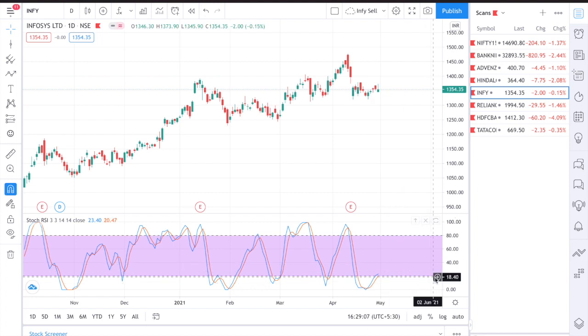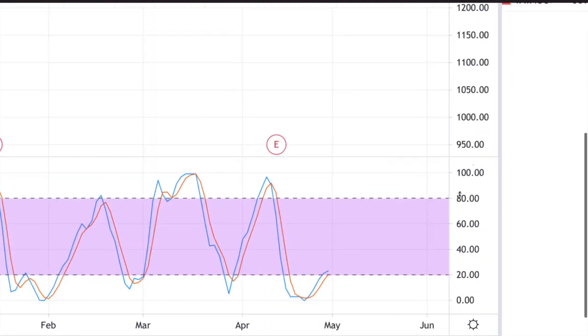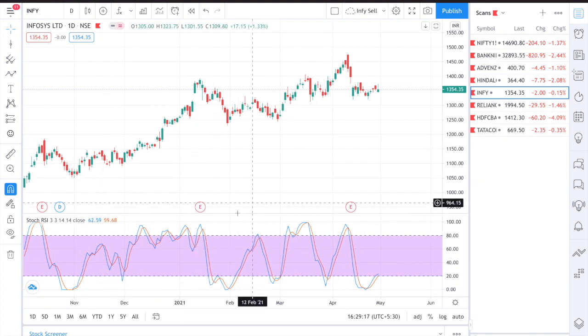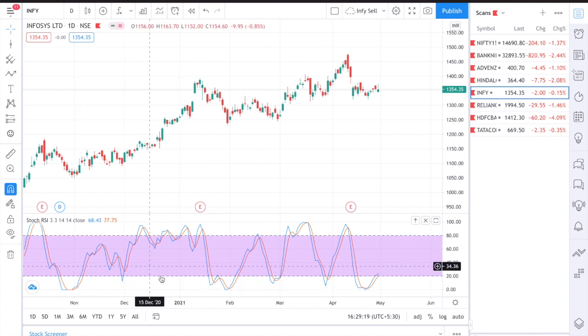So stochastic RSI has been marked from 20 to 80 level. Okay, and for each and individual stock you will get these levels. So for example here, right, if anywhere we see this particular red zone in downside, similarly like RSI, we will make a buy position, and similarly if this particular zone is there, we will make a sell position, we'll square up our position.